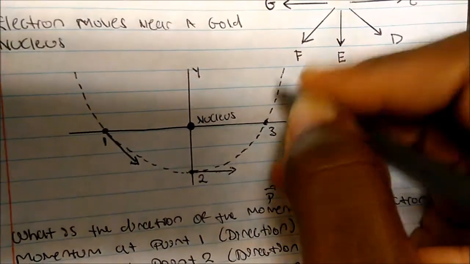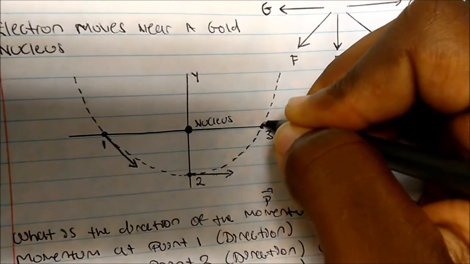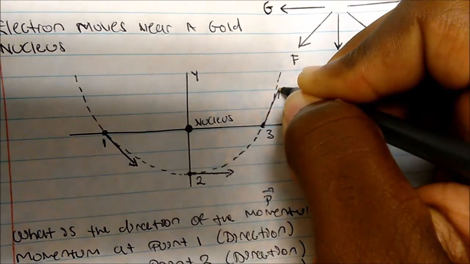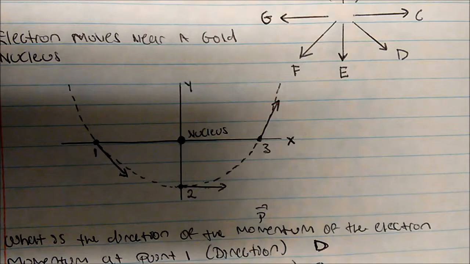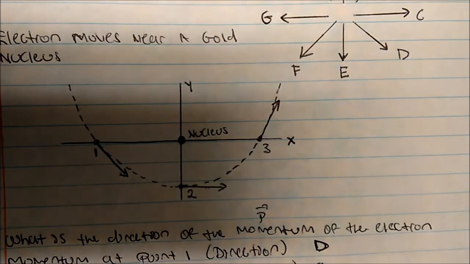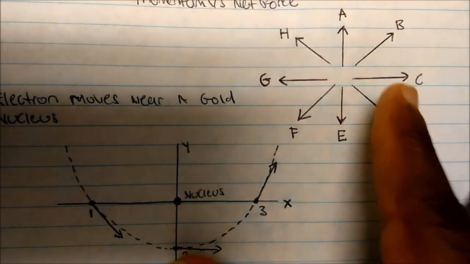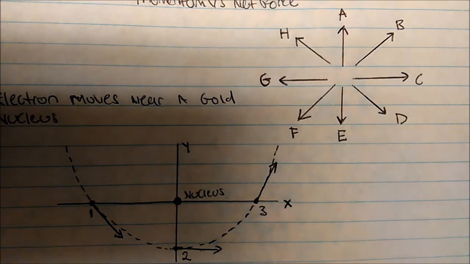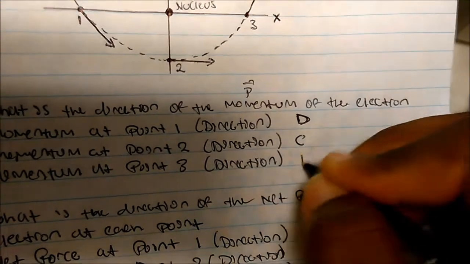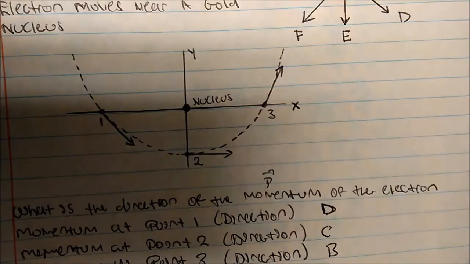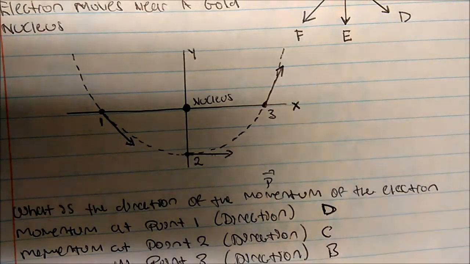Again, it's always tangential to the motion, so if I draw a tangent line there, you can see the direction of my momentum. At point three, that looks just in line with B. So at point three, the momentum is going in the B direction.